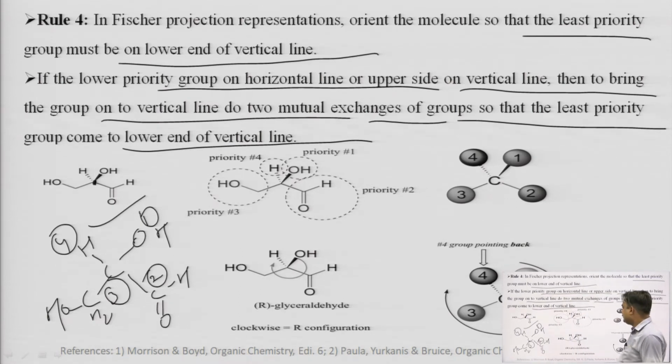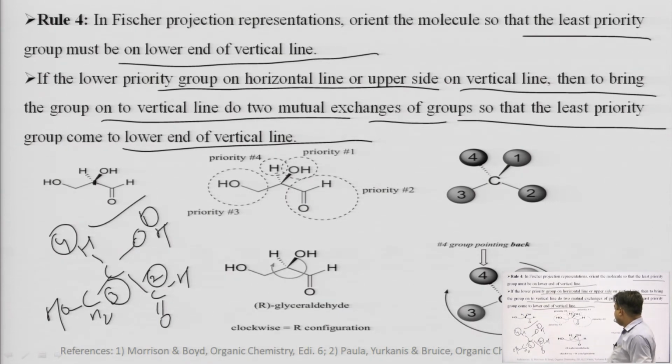So, likewise, if the lowest priority group is on the horizontal line or upper side of the vertical line, then to bring the group onto the vertical line we have to do the mutual exchange of groups, so that the least priority group comes to the lower end of the vertical line. Here you can see, after the mutual exchange of the groups, this is priority 1, priority 2, priority 3, priority 4.